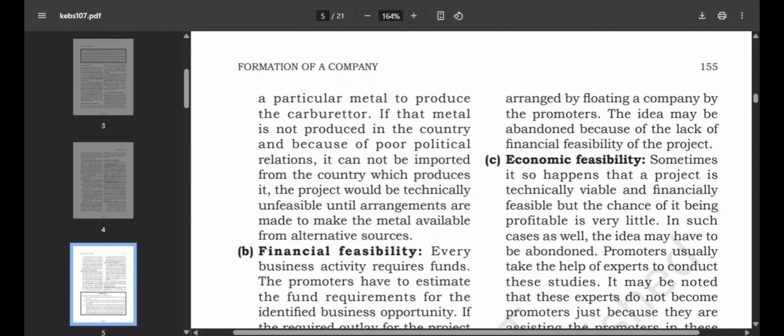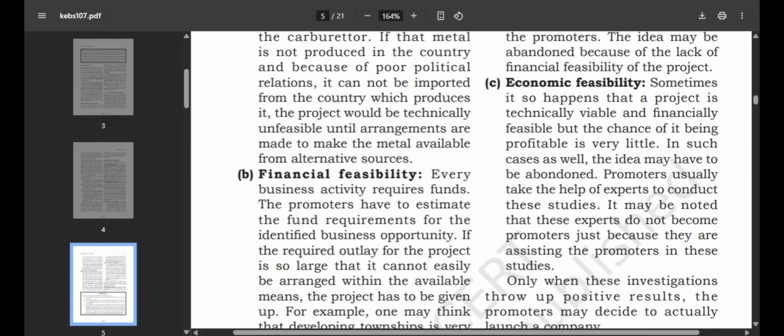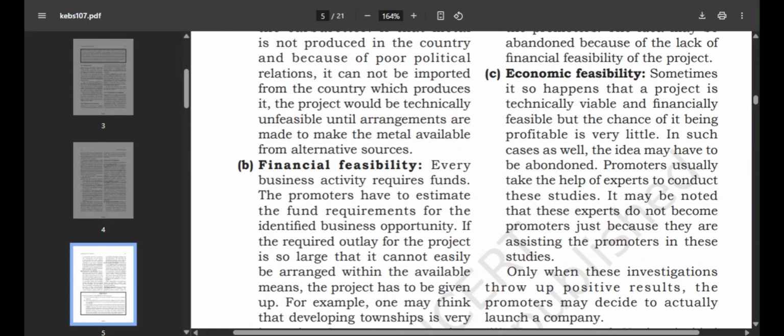Third study of feasibility is your economic feasibility. This is also one important aspect that needs to be taken care of when you are starting up a business or when you think of a business idea. Sometimes it so happens that the project is technically feasible and financially feasible also, but the chance of it being profitable is very little.